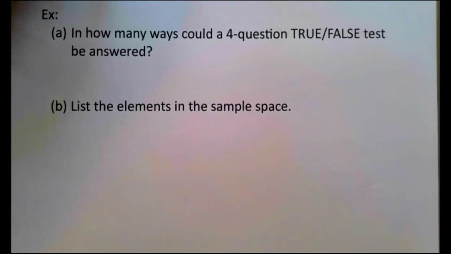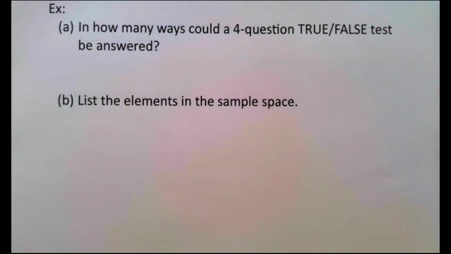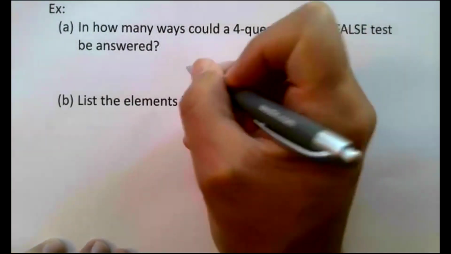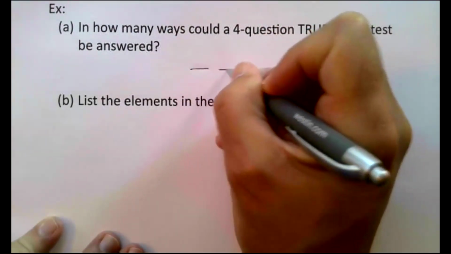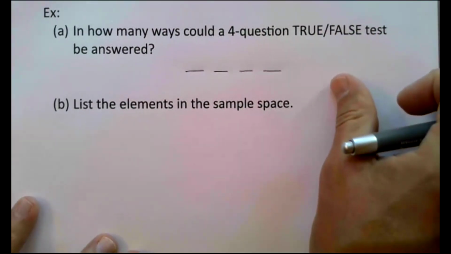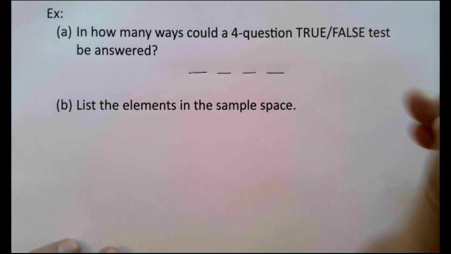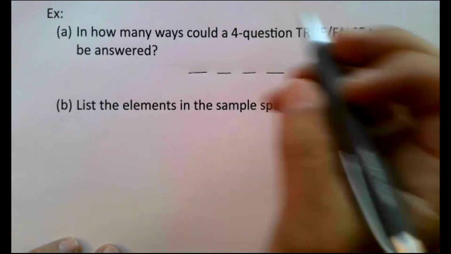How many ways could a 4-question true-false test be answered? And then list the elements of the sample space. Well, this is similar to something I just did a minute ago. If we are going to make 4 decisions, we can think about how many ways there are to make the first decision, and how many ways there are to make the second decision, and so on.